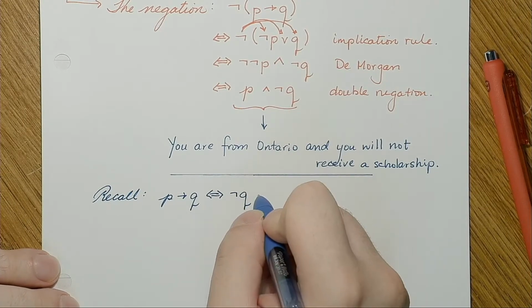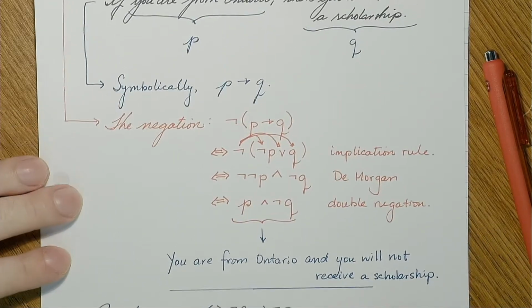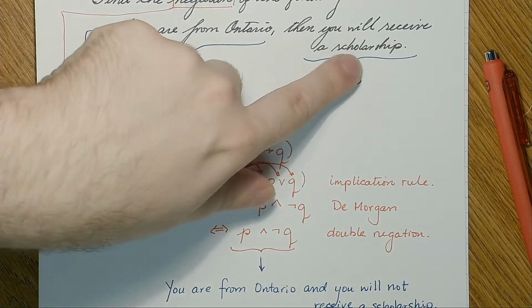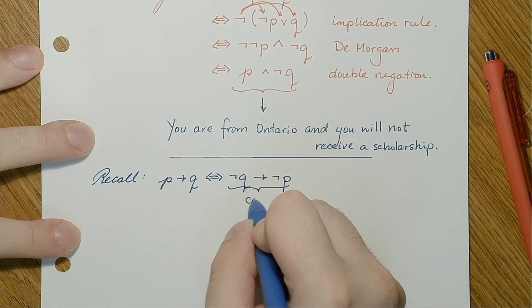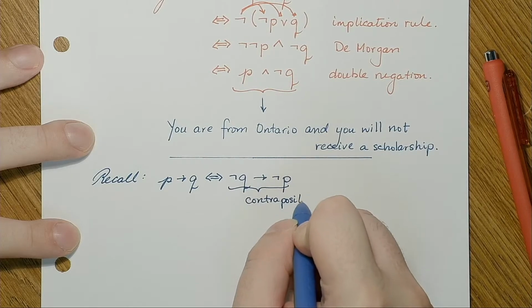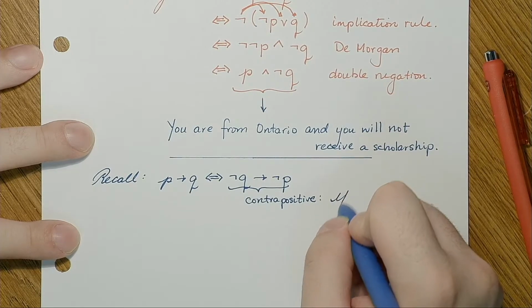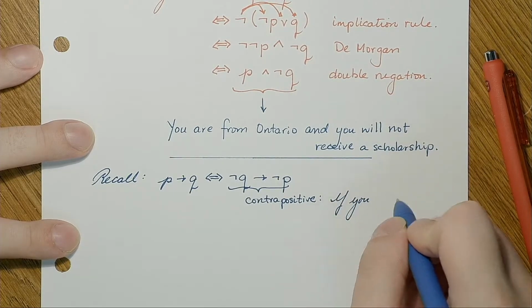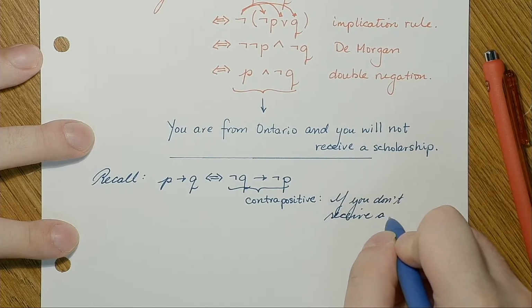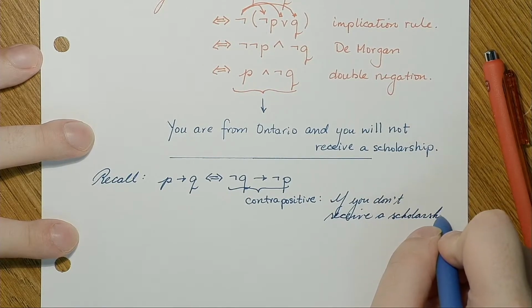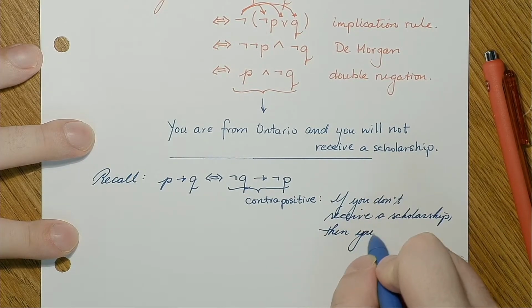So that's equivalent to not Q implies not P. So if I wanted to say up here, if you are from Ontario, then you will receive a scholarship, the contrapositive would be if you don't receive a scholarship, then you're not from Ontario.